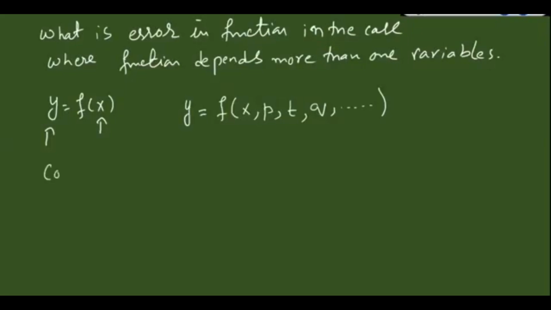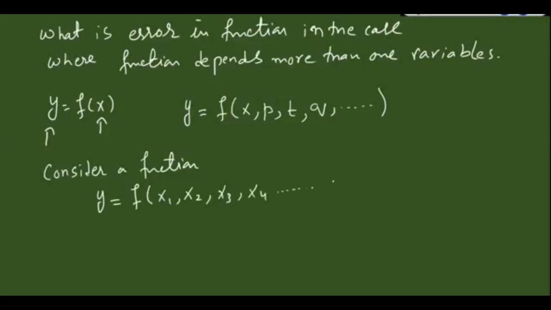So consider a function y which is depending on the following variables: x1, x2, x3, x4, and let's say there is some variable xn. So how many variables are there? n variables.